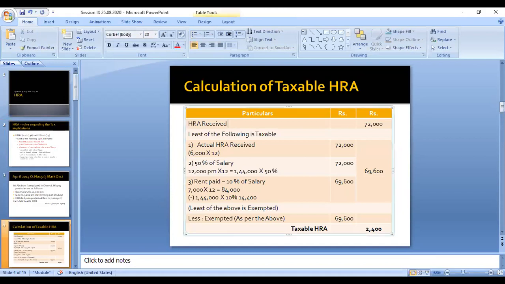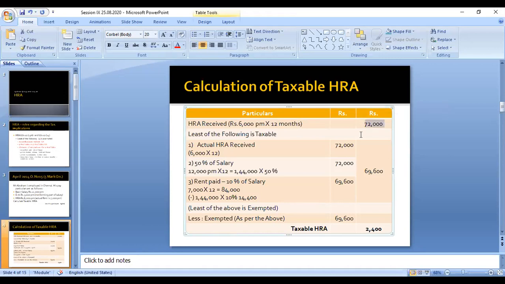HRA received is rupees 6,000 per month, so it should be multiplied with 12, since there are 12 months in a year. If you multiply with 12 months, we get the annual HRA received by him. That amount is 72,000. I will take this amount in the outer column.